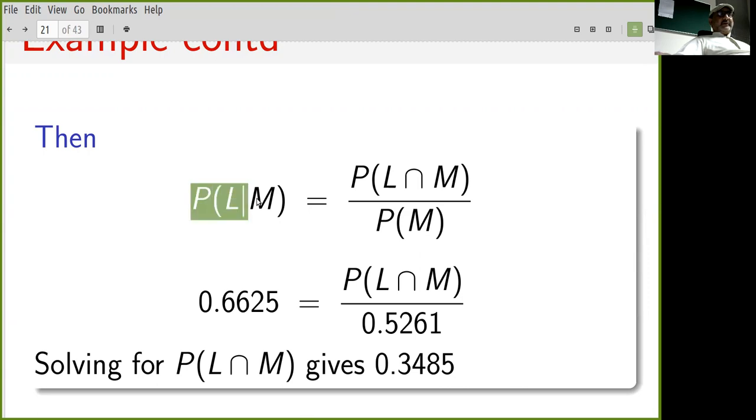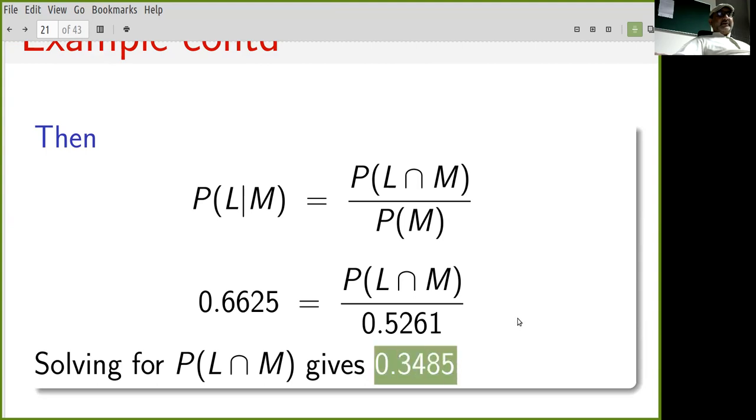And we have information for the probability of L given M and the probability of M. So we were given that L given M is 0.6625, and we worked out that the probability that an adult Pakistani is male was 0.5261. Okay. So now the probability of L intersection M is 0.6625 times 0.5261, and that works out to 0.3485.